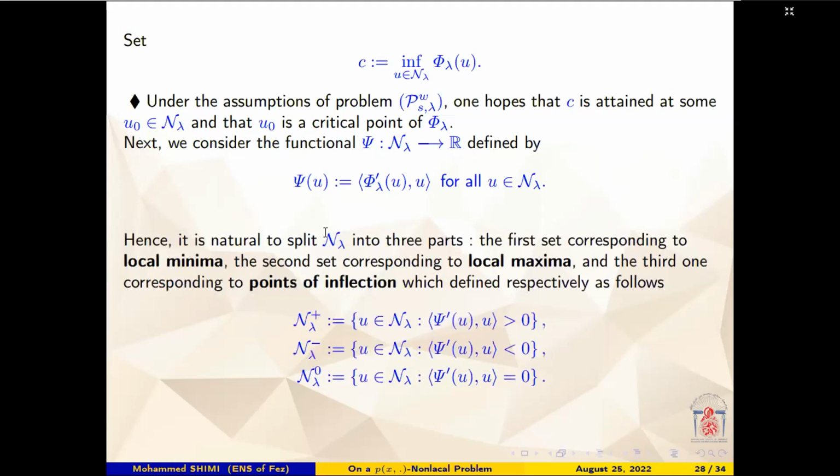Hence, it is natural to split our subset N lambda into three parts. The first corresponds to local minima, the second to local maxima, and the third to points of inflection, which are defined respectively as follows.